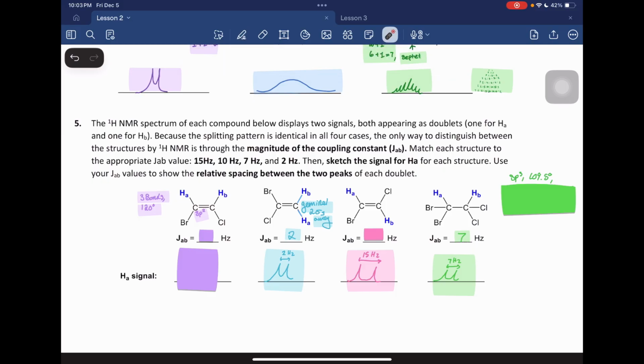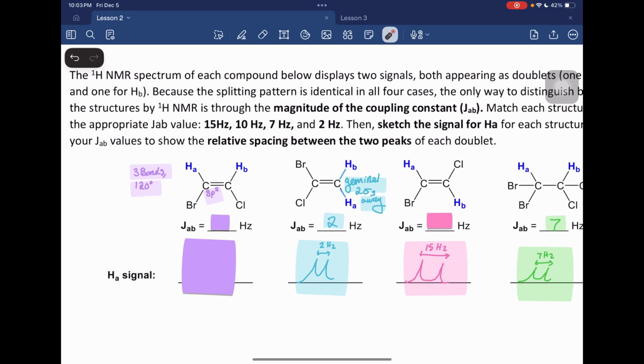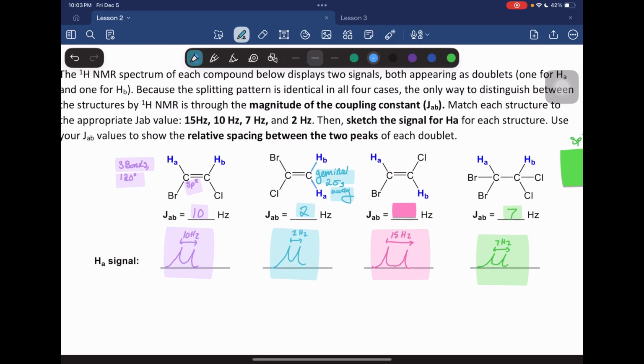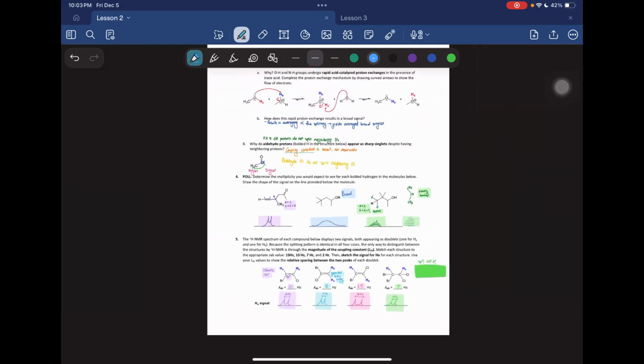This one, on the other hand, has a bigger angle between them. If it has a bigger angle, then there's going to be more distance. So this one is going to be 10 Hz, with a distance of 10. And I forgot to do that one, but yeah.